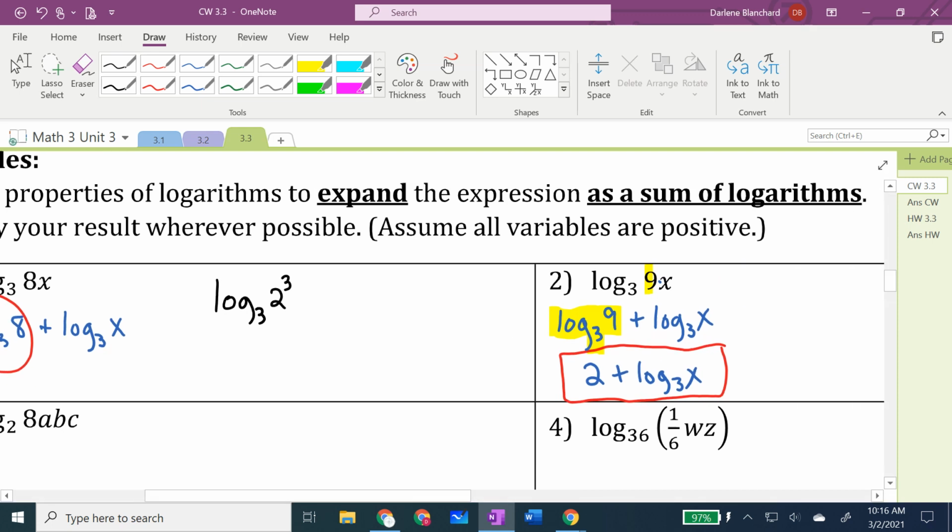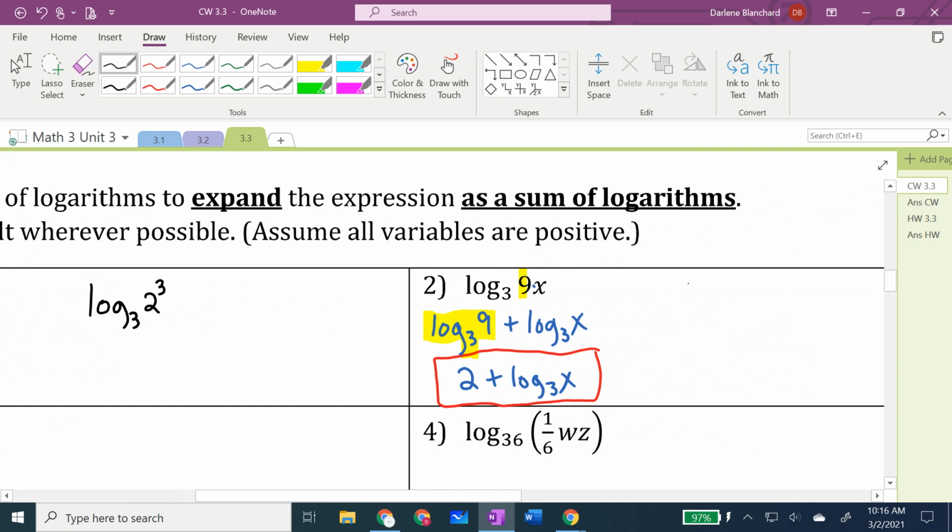When I look at log base 3 of 9, log base 3 of 9 is log base 3 of 3 squared. So I want you to clearly look at this and realize that these threes are too far apart to do any kind of simplification. These threes are back to back.